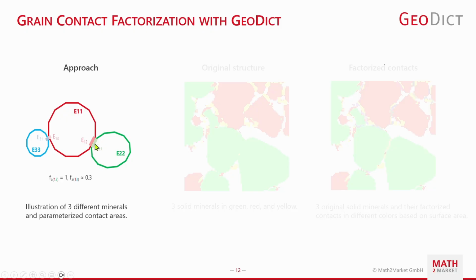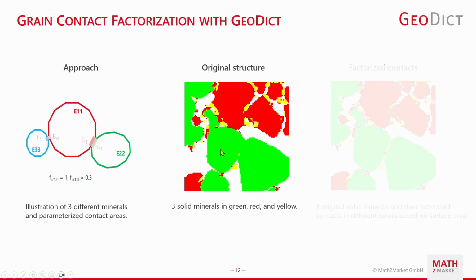Their contacts would be then factorized both on the area and the mineral that is at this border, and also the reduction factor applied generally, globally for the whole structure.